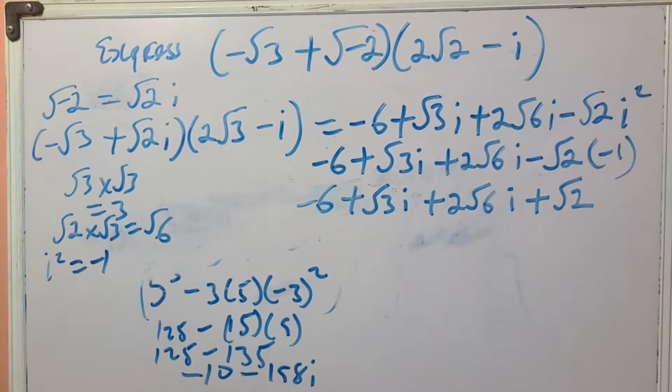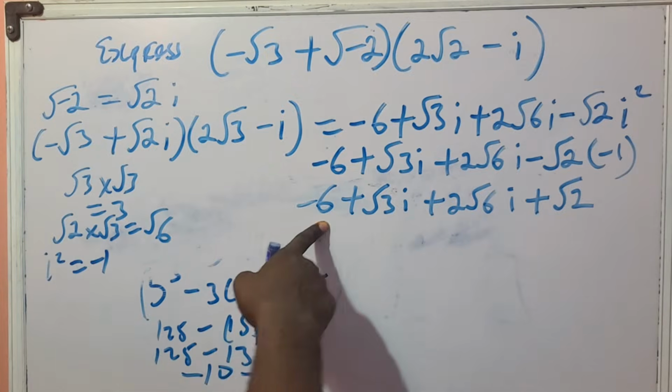Now, don't forget, we have to express this in the form a plus bi. So what you want to do is to bring all the real parts to a different side. So we want to have, this is real, this is real.